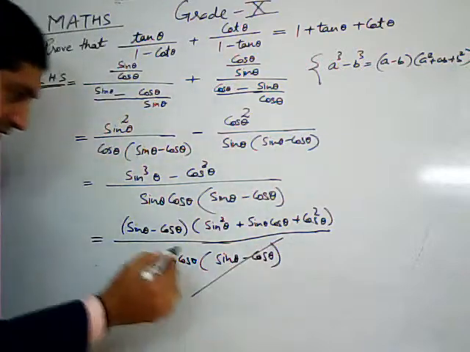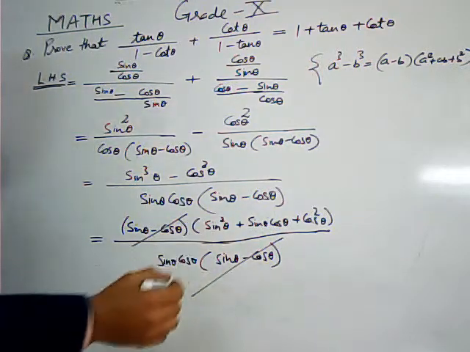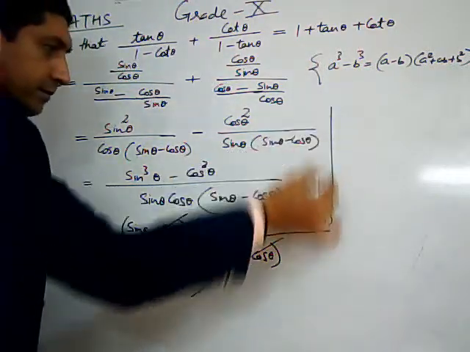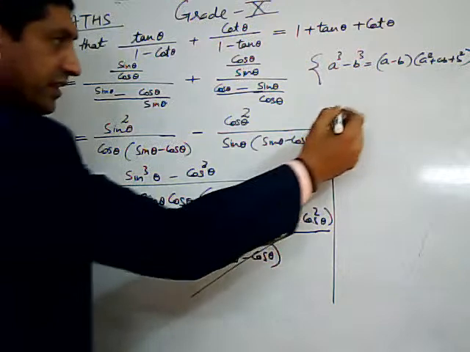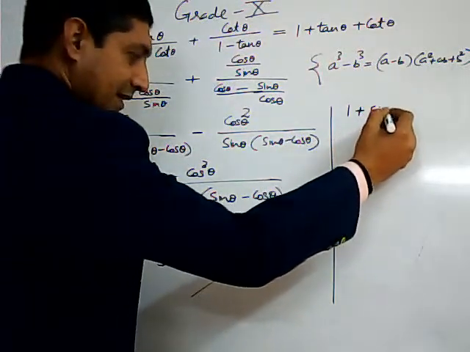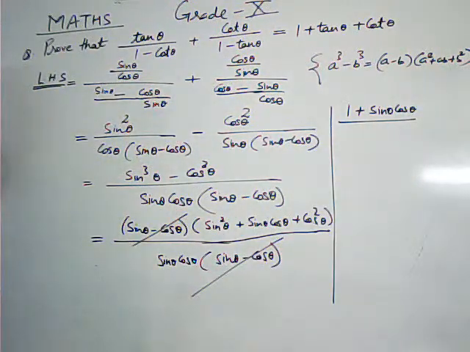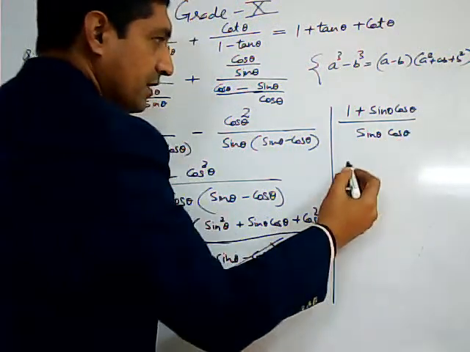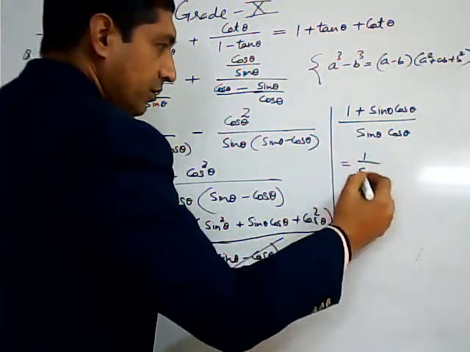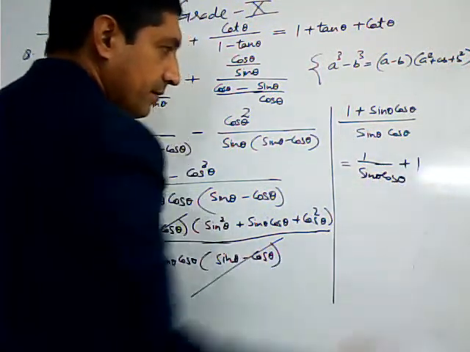So we will cut this one with this one, and we have left here sine square theta plus cosine square theta, which is 1. So 1 plus sine theta cosine theta divided by sine theta cosine theta. So here we have 1 upon sine theta cosine theta, right, plus 1, right?